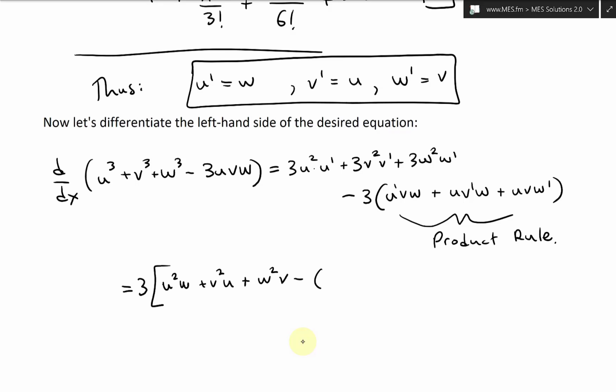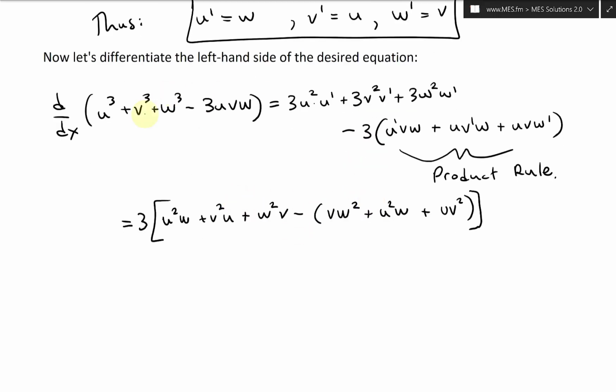The w is there already, so we'll have a vw squared, and then plus uw, and then v prime is u, so we'll have u squared w. And now here, uv w prime, and w prime is v, so we'll have u v squared, like this.